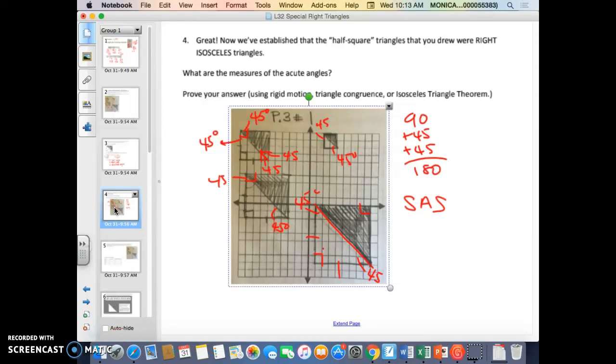You could also say that these sides are congruent, but we also know that this side is congruent, so that would be side-side-side. So there are several different ways to go about proving that these triangles are congruent.